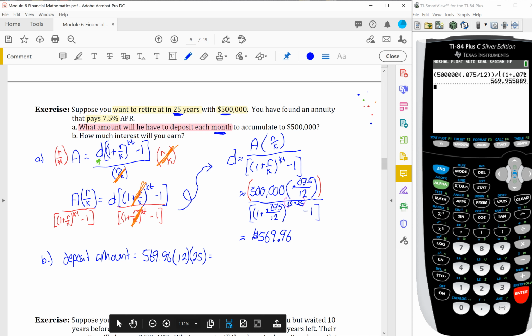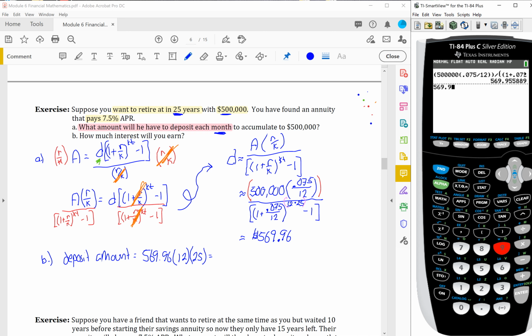So at the end of that 25 years, you would have deposited $170,988. This is the amount that you would have deposited. But remember, you have $500,000 in there. So how much interest did you earn?